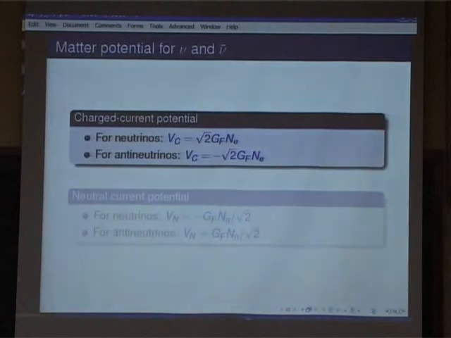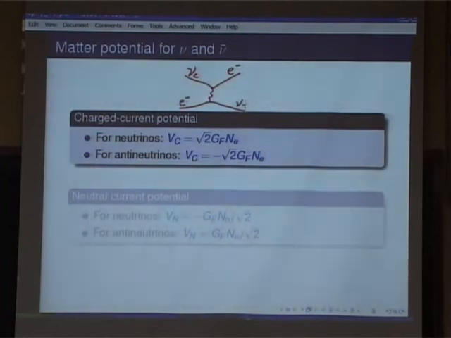We know that for neutrinos there is the charged current potential, which is Vc equals root 2 G_F N_e. This happened because we had a charged current interaction that went like this: an electron neutrino comes in, an electron goes out, charged current.